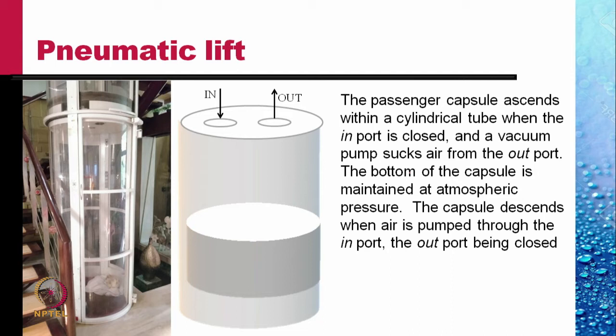A compressor would then press the capsule down, and the capsule carrying the passengers would come down. But if we connect the output to the input of the compressor, then it will suck air out from the top and it will decrease the pressure below the atmospheric pressure.